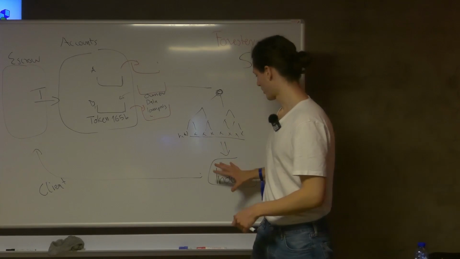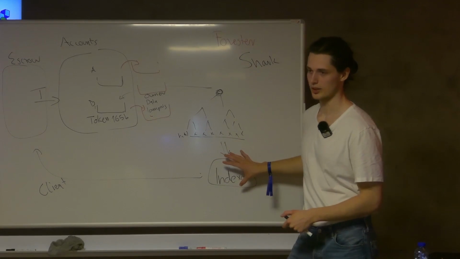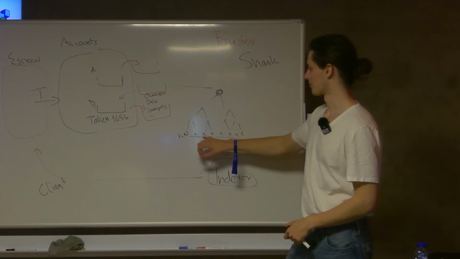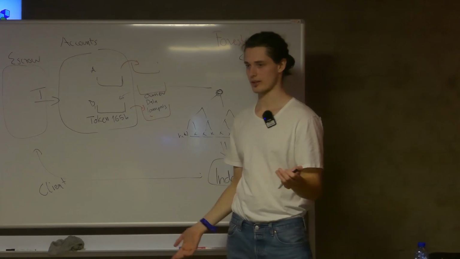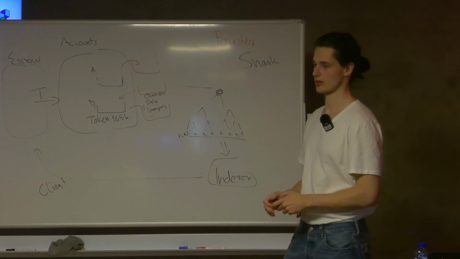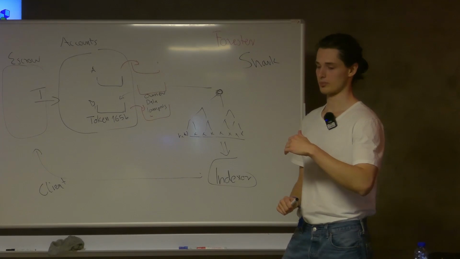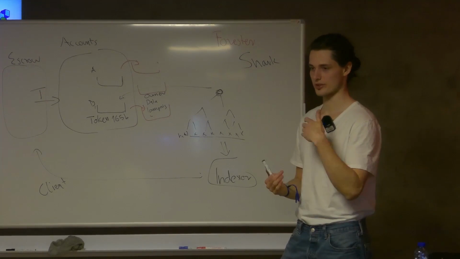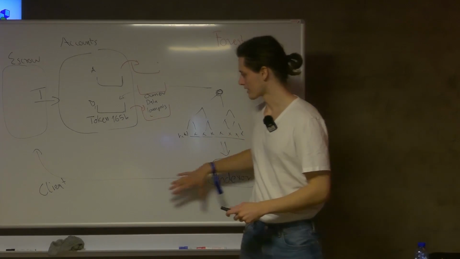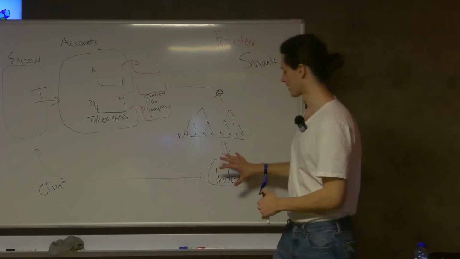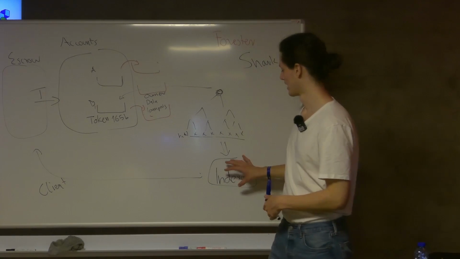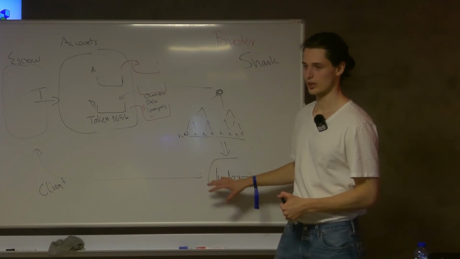The user needs to first of all request the state from the indexer. And this state looks just like a regular account. It's the same account layout as with the on-chain accounts, right? So this is the owner, this is the mint, this is the token balance, etc. Now, as a client, I request that data, and because I want to interact with that state on-chain, I also request a validity proof from that indexer.